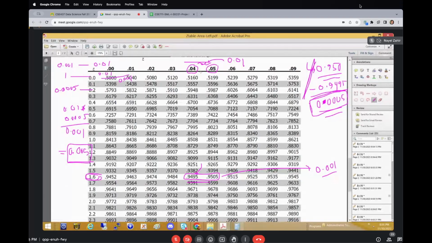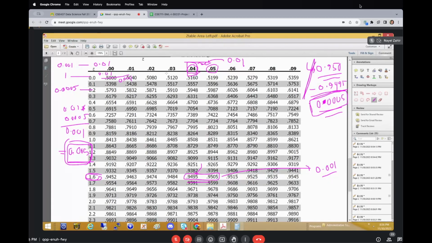So this value means that we have 1.6 plus 0.04, then we will get 0.9495 plus this value 0.005.